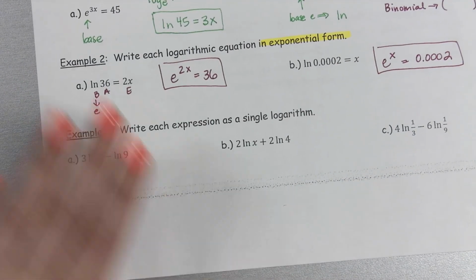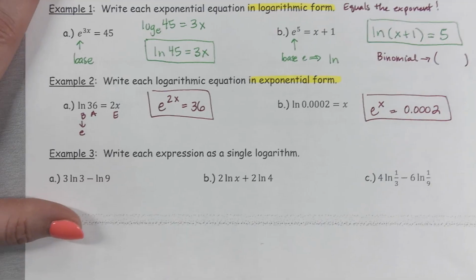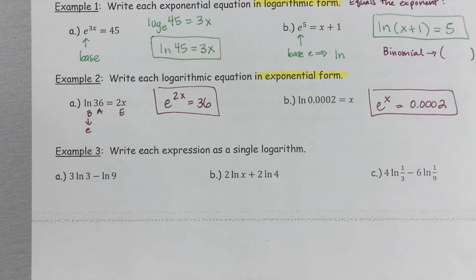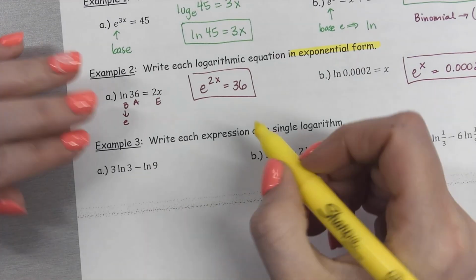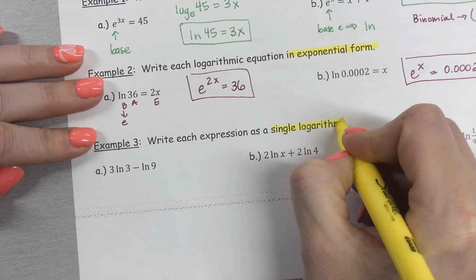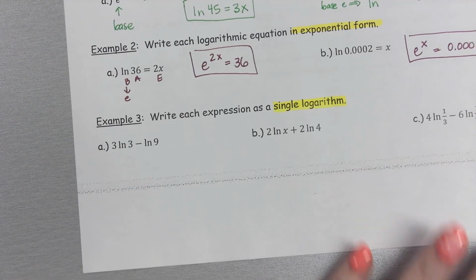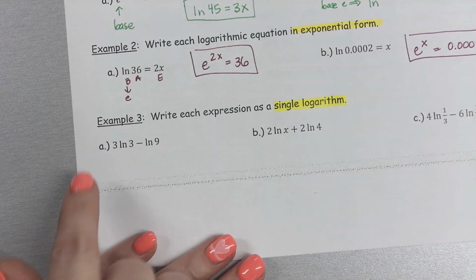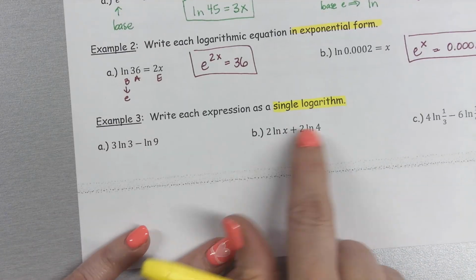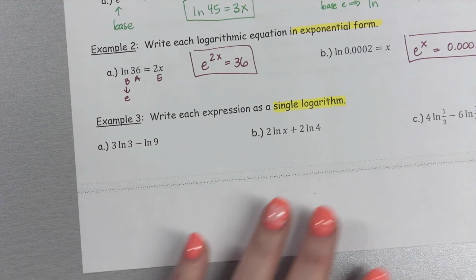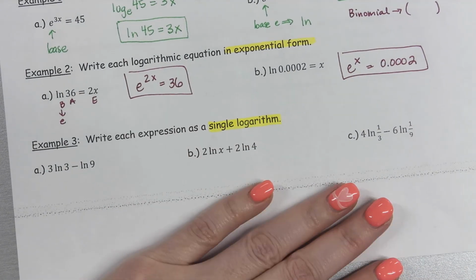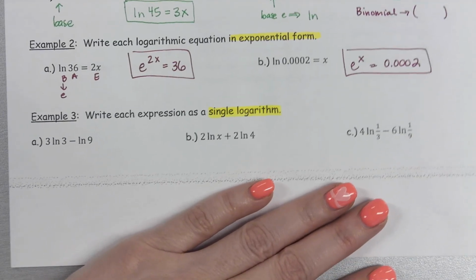All right, moving on to example 3, we're going to write each expression as a single logarithm. That means you are going to only have one log, so one ln. See how you have 2 here, and 2 here? In your final answer, you're only going to have 1.